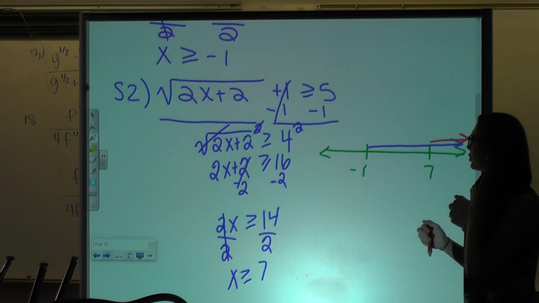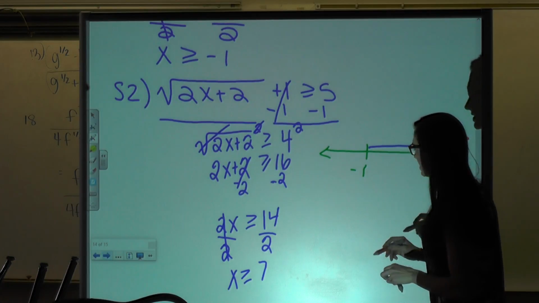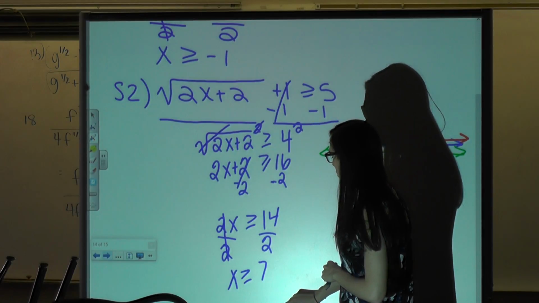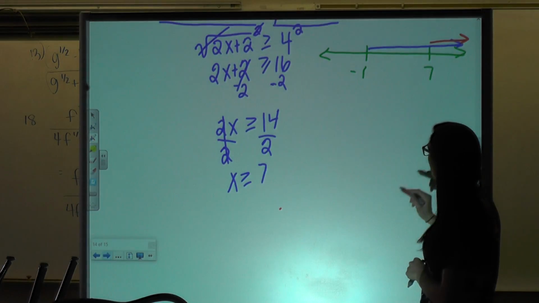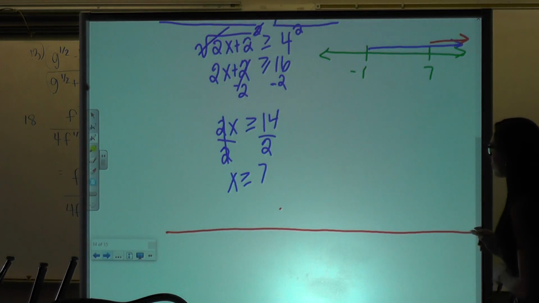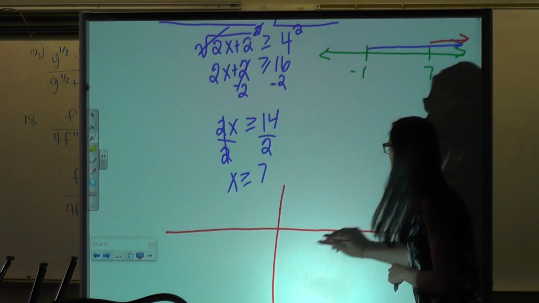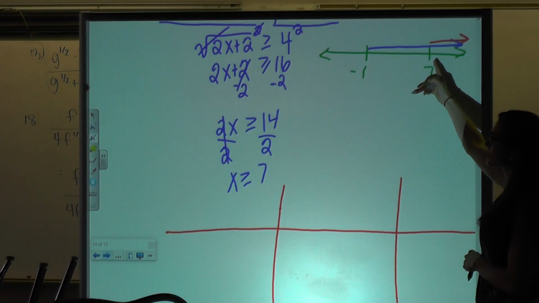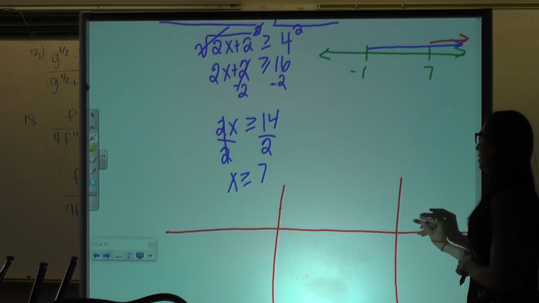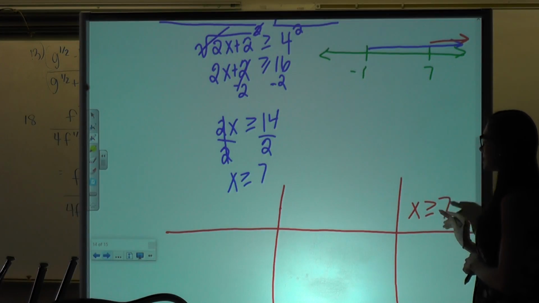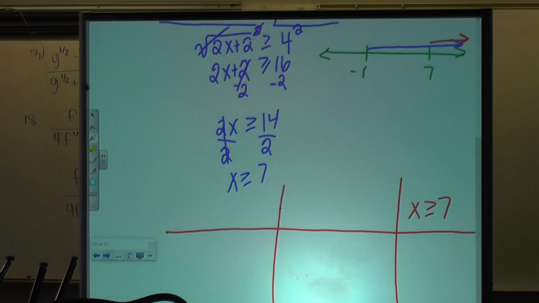So what you have to do is, whenever you're creating your different intervals, we want x is greater than or equal to 7 to definitely be one of those.